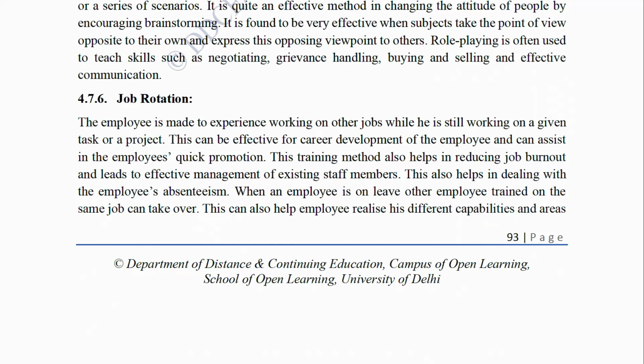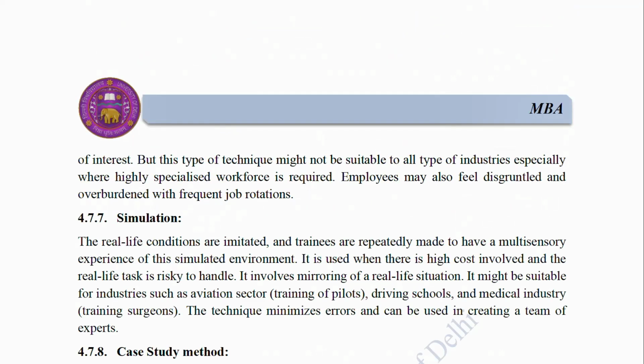This training method also helps in reducing job burnout and leads to effective management of existing staff members. This also helps in dealing with employee absenteeism. When an employee is on leave, other employees trained on the same job can take over. This can also help employees realize their different capabilities and areas of interest.